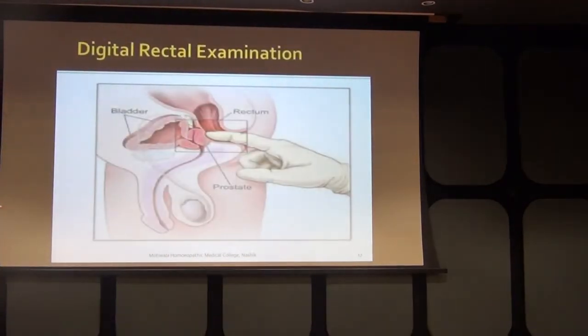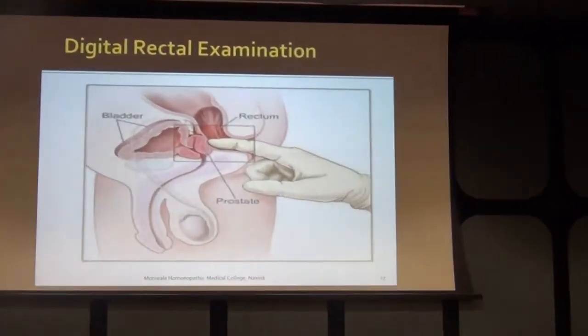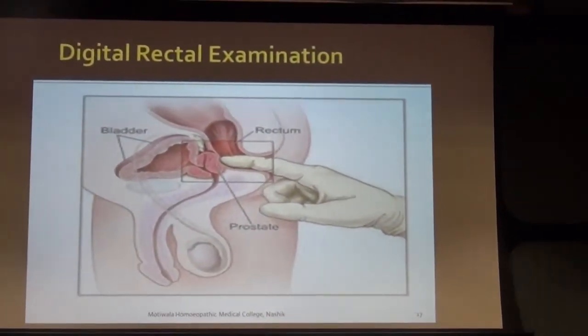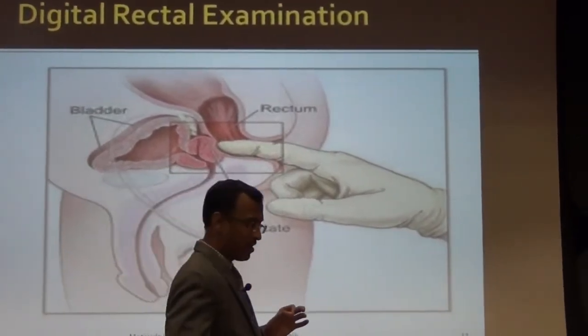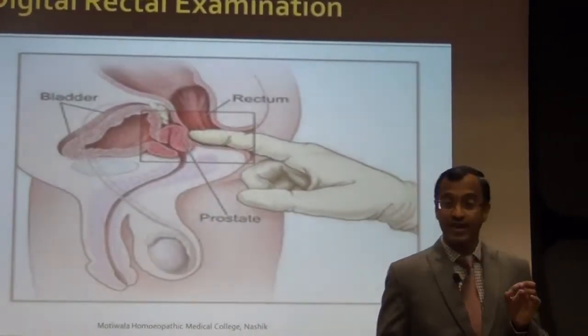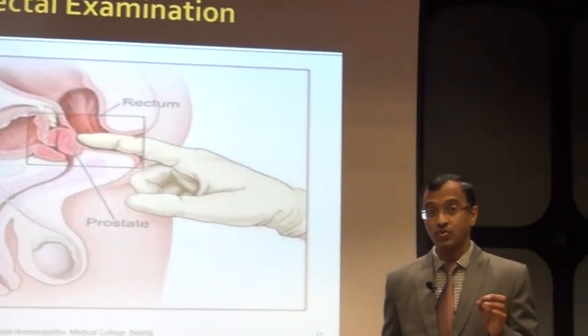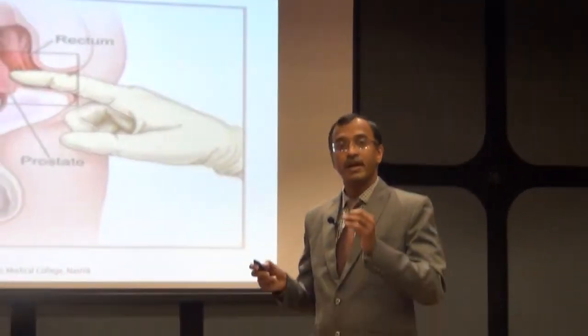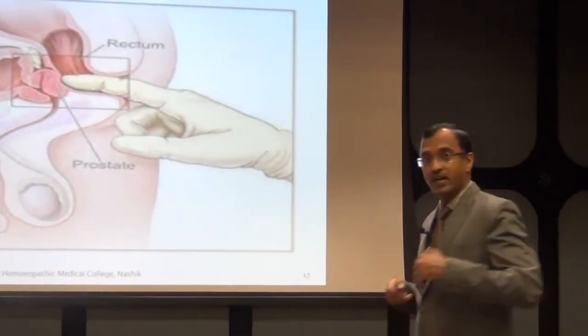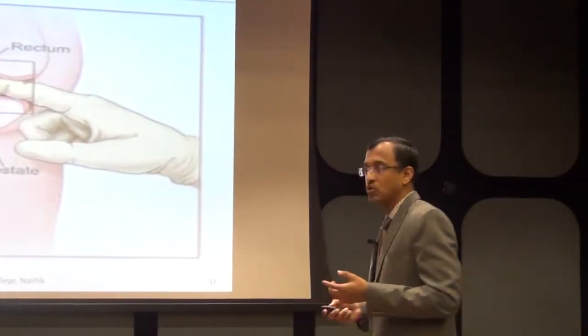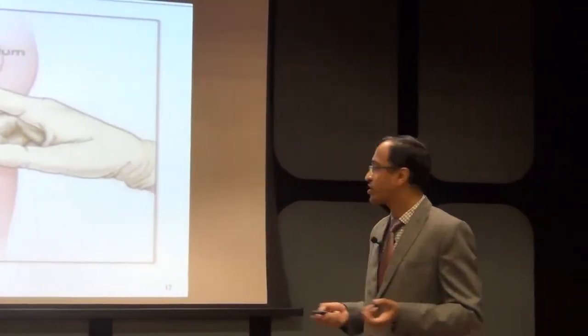Now, what we have talked about is digital rectal examination. This is a very skillful examination. Maybe people will not like it, but we have to convince them. We have to tell them politely how the procedure will be. Take permission, wear gloves, have proper lubrication.